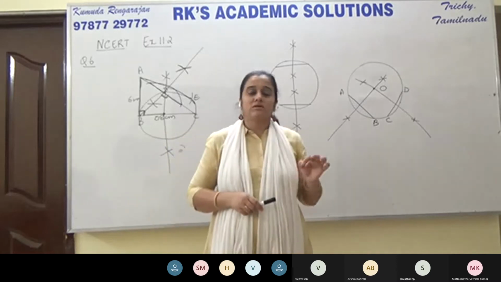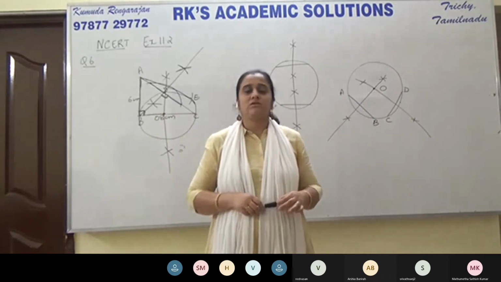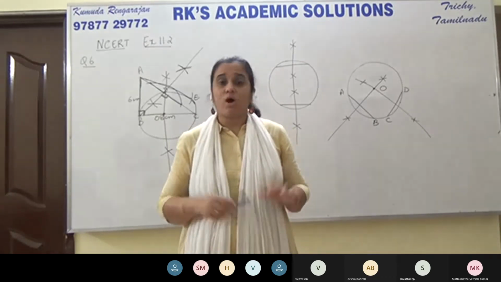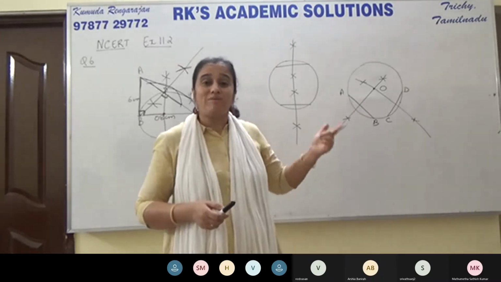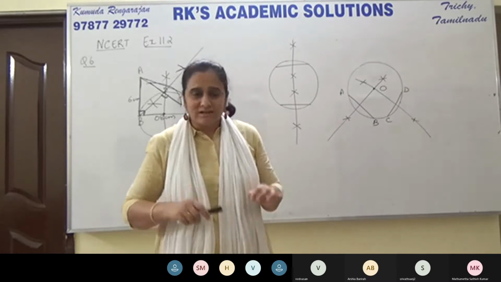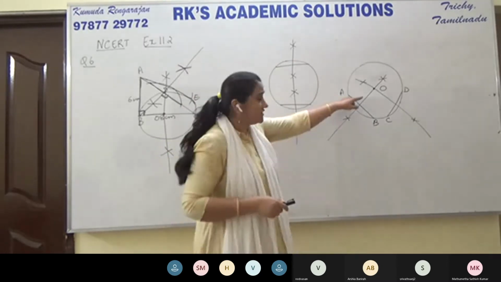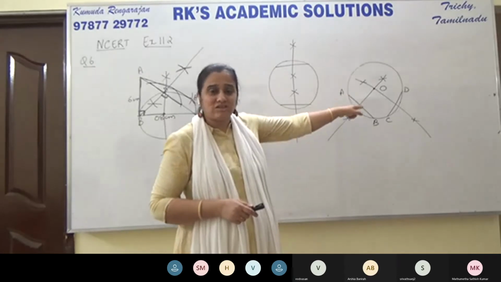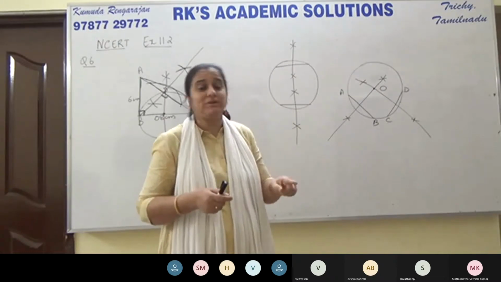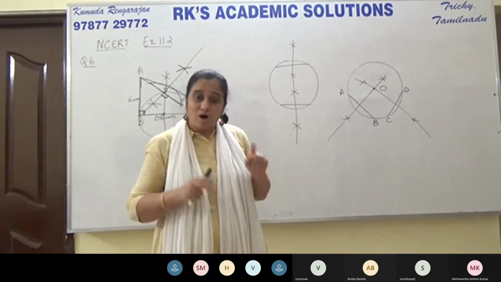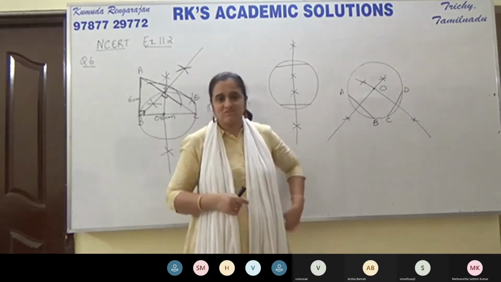So when we do not know the center of the circle, the center of the circle is the point of intersection of what? Of the perpendicular bisectors of any two non-parallel chords of the circle.